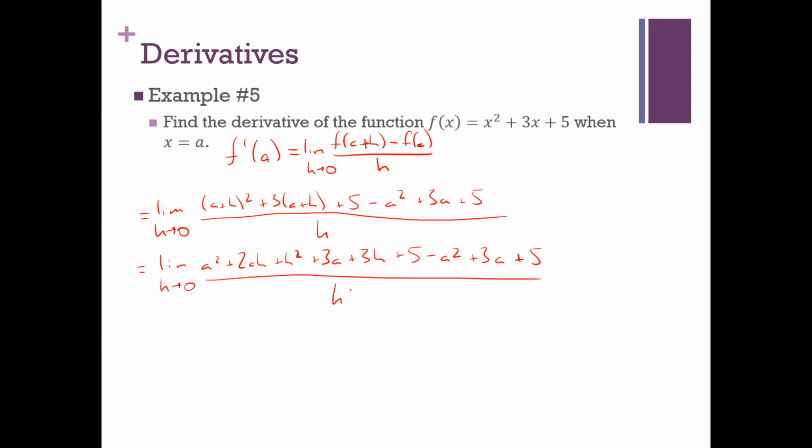And I'm guessing by now a lot of you are seeing how these difference quotient manipulations go. So what, did that buy us anything? This goes away. I think I messed something up.